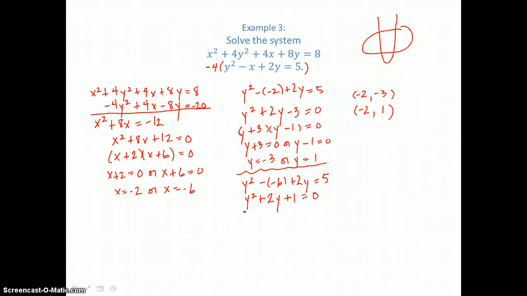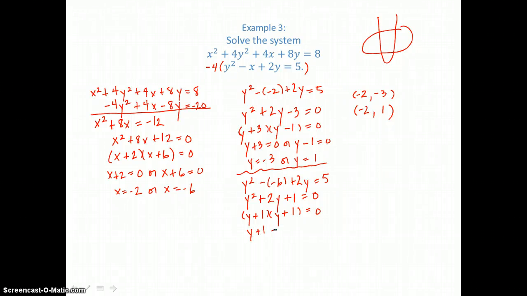Okay, and now let's factor this trinomial. Factors of y squared go first. Factors of 1 that add to give us 2 are 1 times 1. Make them both positive, so that 1y plus 1y is 2y in the middle, and positive 1 times positive 1 is positive 1 for a third term.